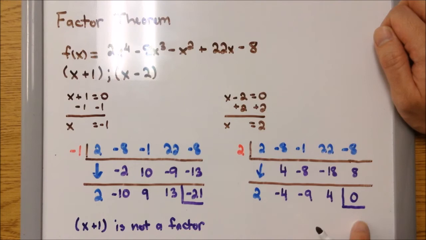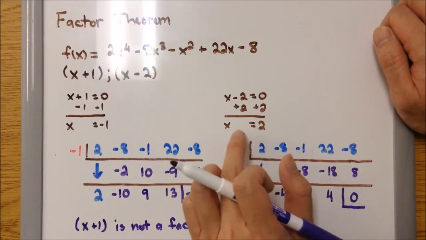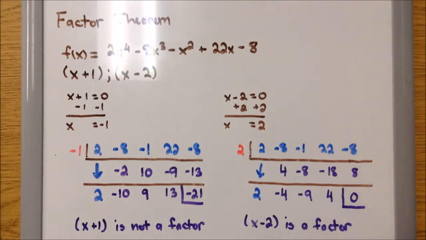So since our remainder equals 0, we tested out 2 and got 0. Therefore, x minus 2 is a factor. So I'm going to write right here, x minus 2 is a factor. So here, in this example, x plus 1 is not a factor, and x minus 2 is a factor.